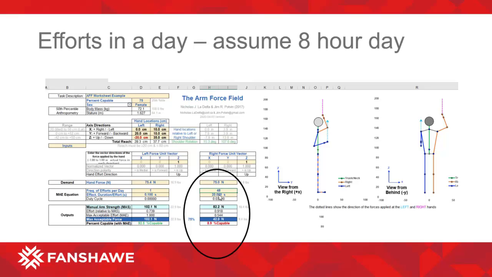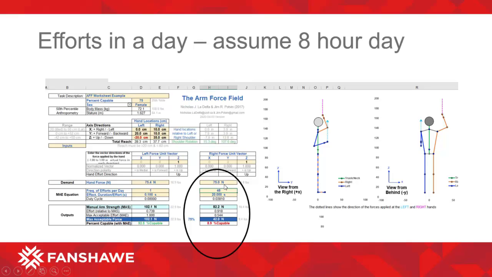Now remember what I just said, that's a sustained push. So then I would compare that to what I measured as a sustained force. So under my hand force, I would have put in what the sustained measurement was.